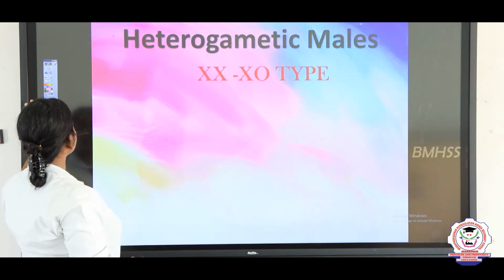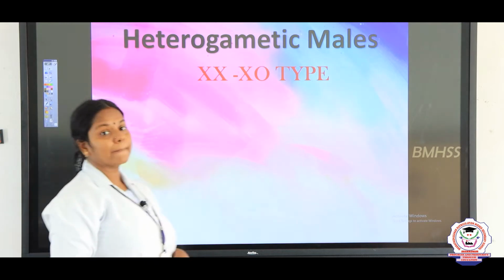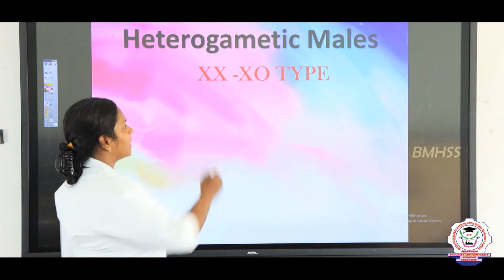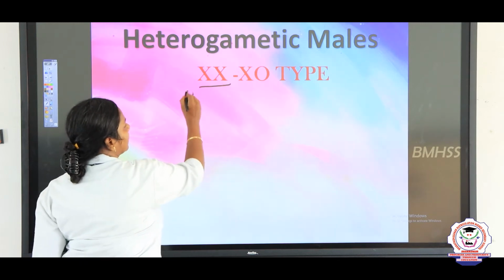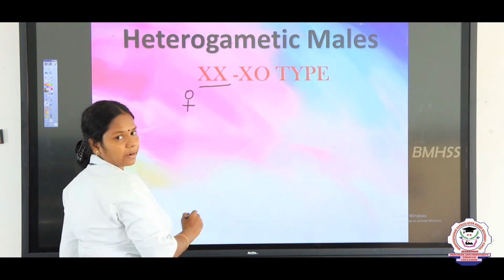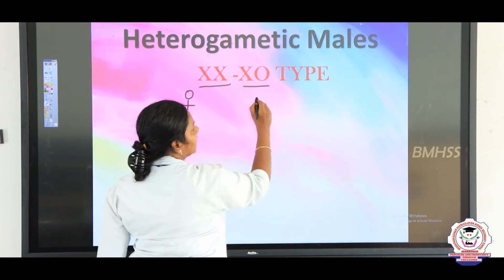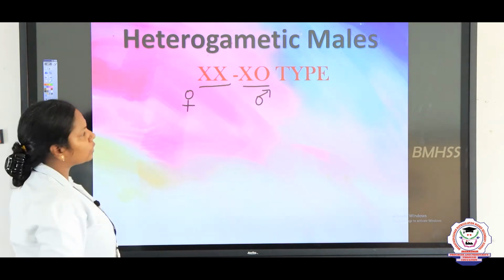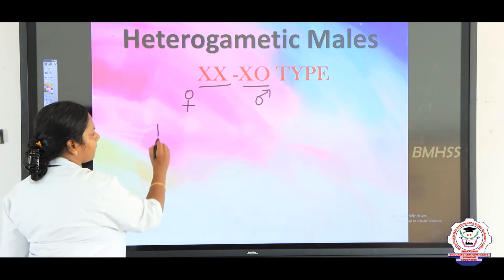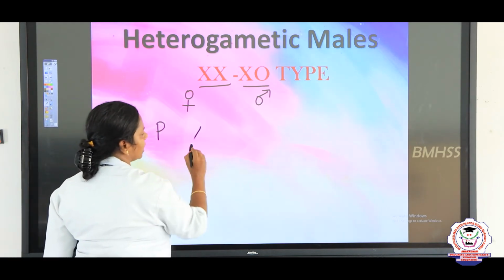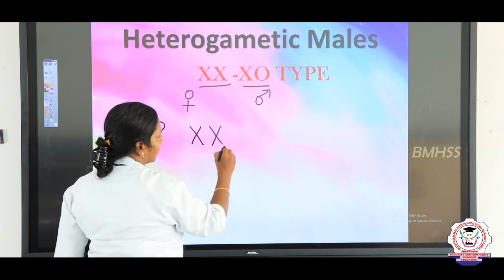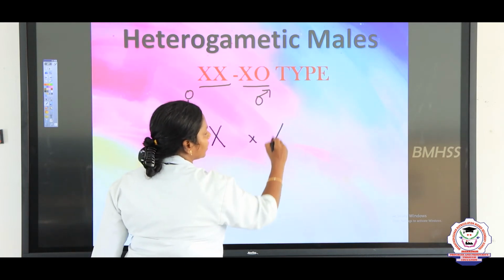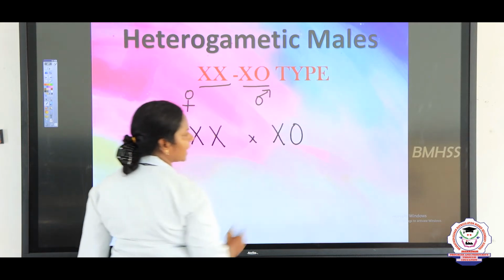And now we are going to see the heterogametic males. That is the XX, XO type. XX denotes a homogametic female. XO is a heterogametic male. So, for example, if the parents are a homogametic female crossed with a heterogametic male, what will be the gametes, children?